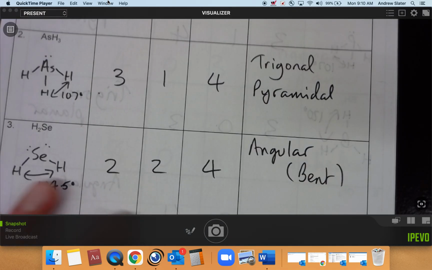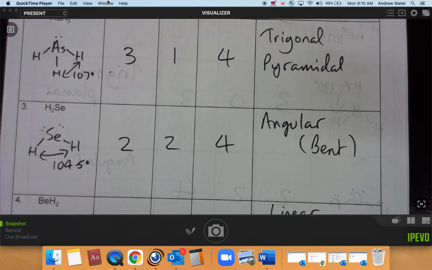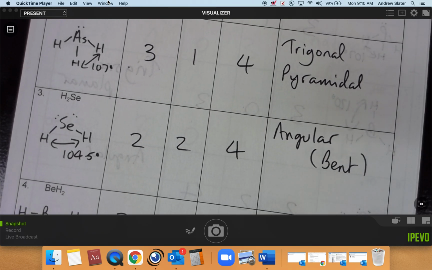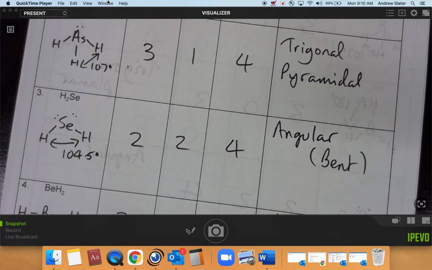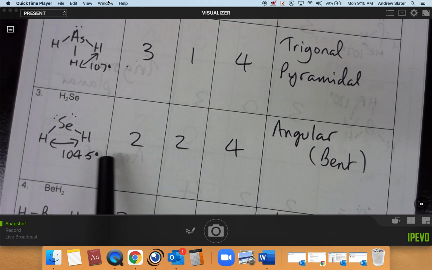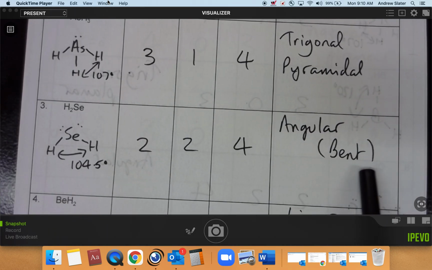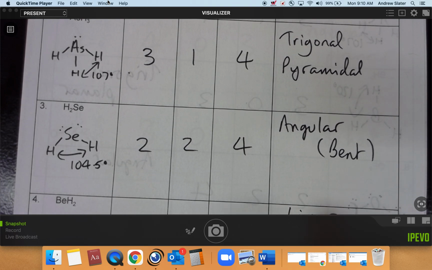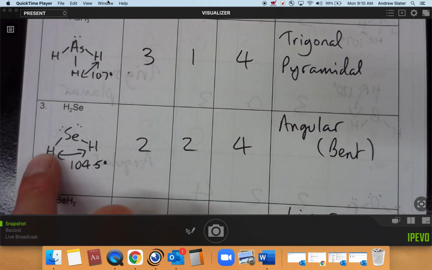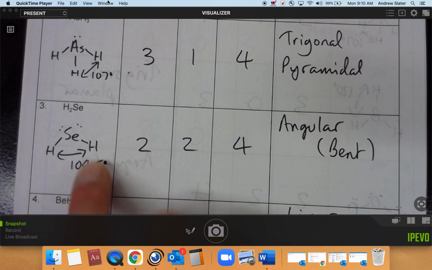So we use this theory to help us predict bond angles, maybe in unfamiliar molecules. If you saw something like this and you drew the Lewis structure with the lone pairs, you'd be able to see it's going to be angular, or when I learned it, it was called bent, which is really unimaginative. But the idea is you've got two bonds and they're being pushed closer together.